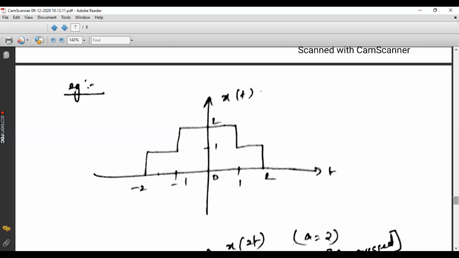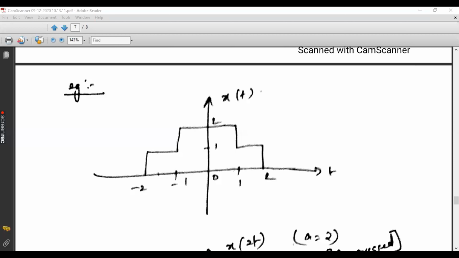So how are we going to compress the signal? Any idea? Can anybody tell how we are going to plot? So x-axis values become half. Yes, very good. X-axis values will become half. That is, instead of putting -2, it will be -1. Instead of putting -1, it will be minus half.